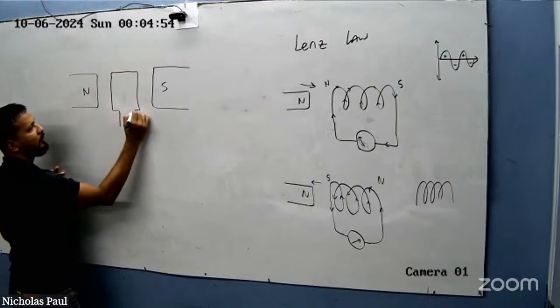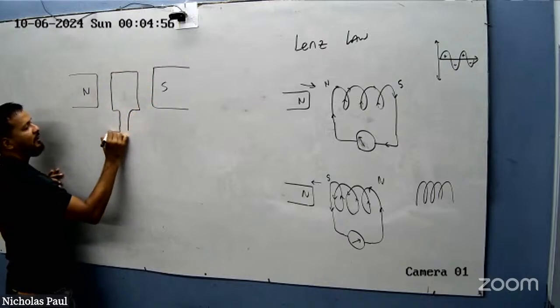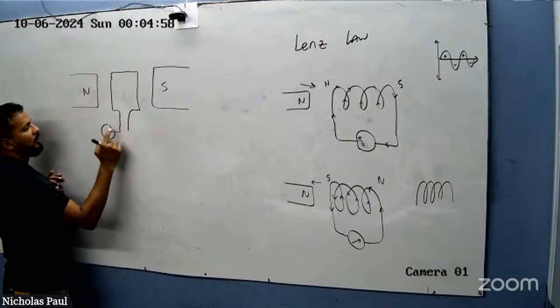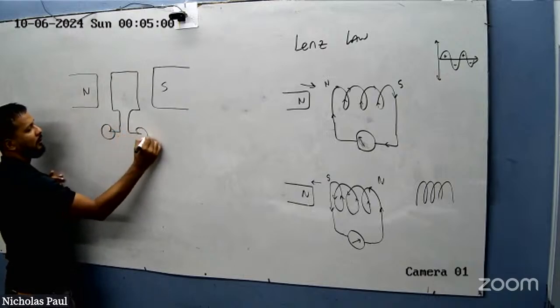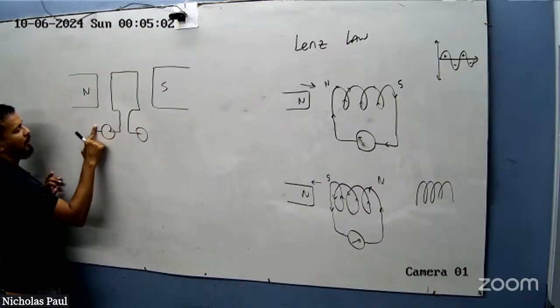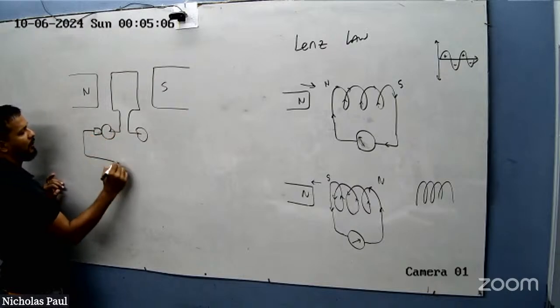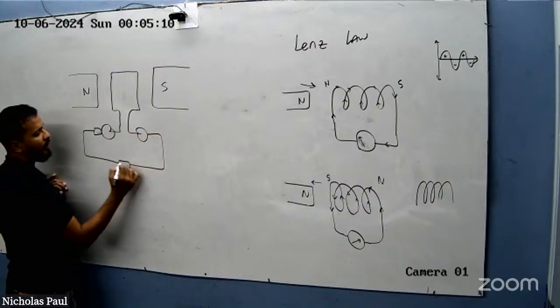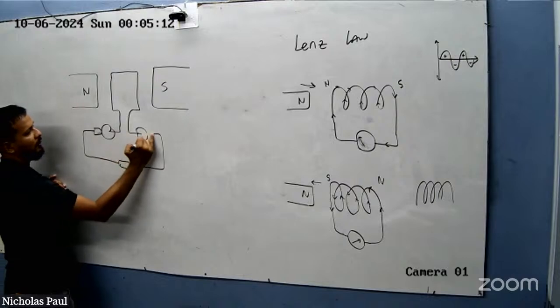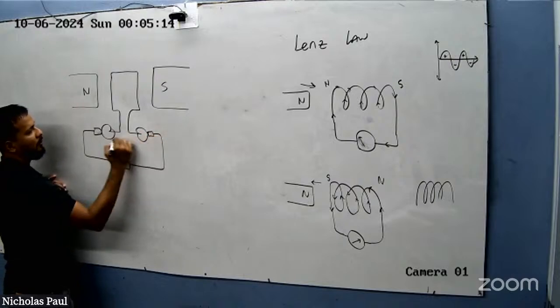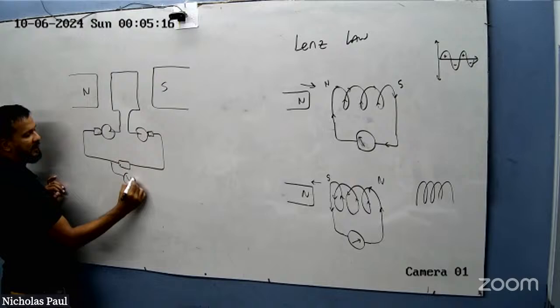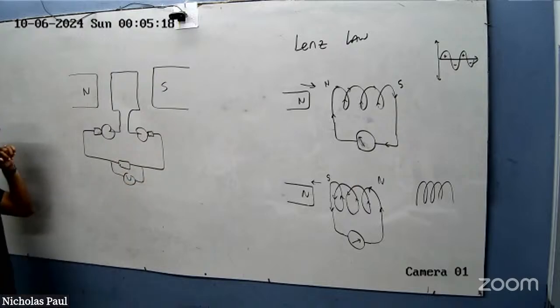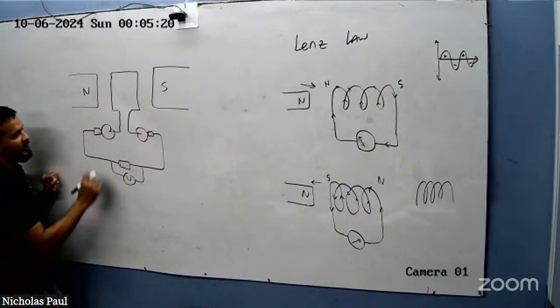Coil connected to little brushes here. And we have a load, right? We have a load. And we have a voltmeter telling us the direction of the current and voltage, right?